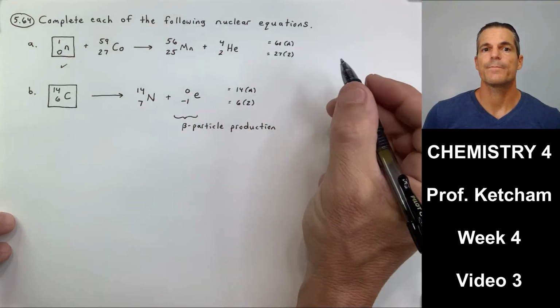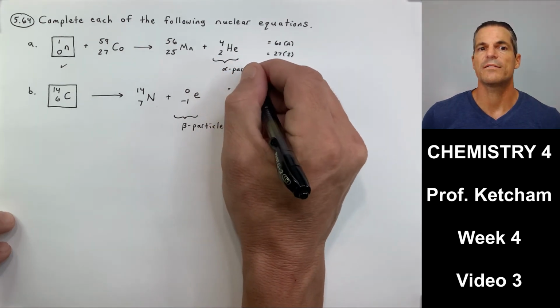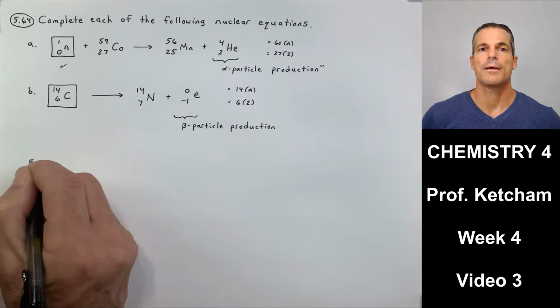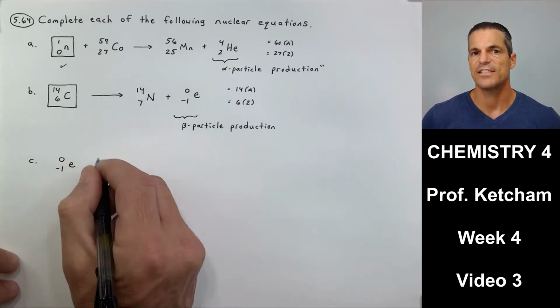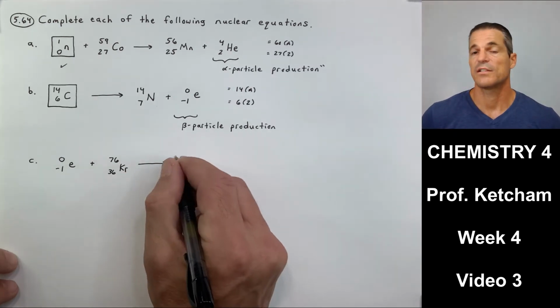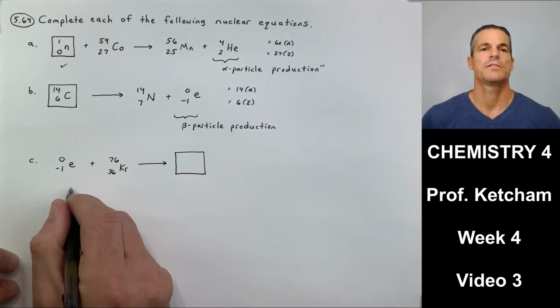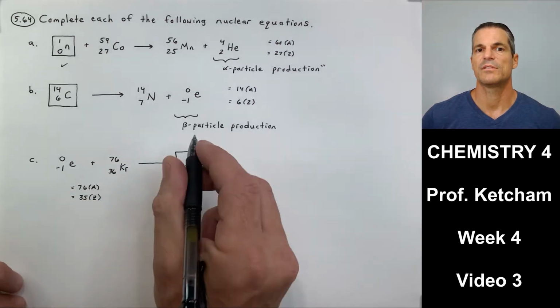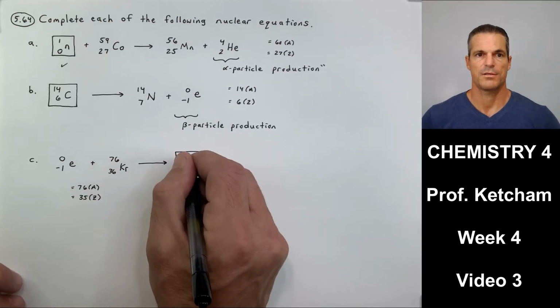Very similarly, the total A's on the right for B are 14, and the total Z's on the right is 6. So my answer to B has to be 14,6, and that's carbon-14. B is an example of beta particle production, and A was an example of alpha particle production.